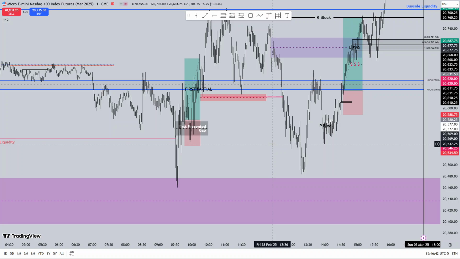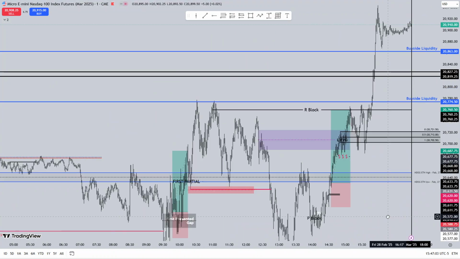Also the extreme daily and weekly sell side liquidities were taken by Friday. So the market shouldn't go lower. The market doesn't have any reason to go down.